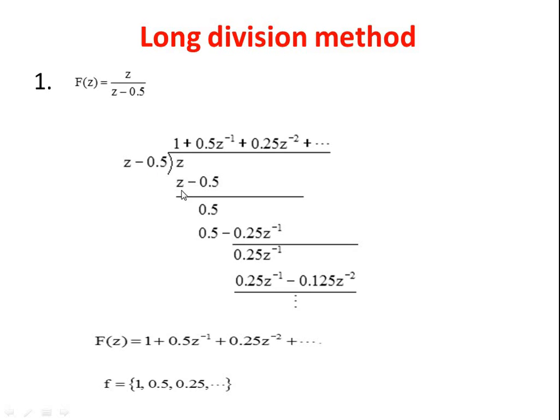So 1 into z gives z and minus 0.5. After that we have to change the signs, so this plus z becomes minus z, and minus 0.5 becomes plus 0.5. Now we can cancel out the plus z with the minus z.